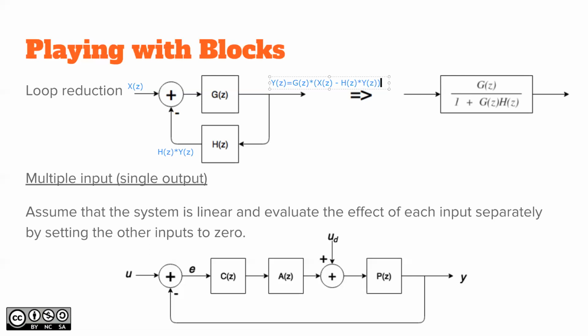And if you calculate what is Y(z) divided by X(z), which is the transfer function of the whole block, you will get that one. Okay, so this is useful for loop reduction, especially in control systems, or if you have a more complex system in which you always have some feedback loops.